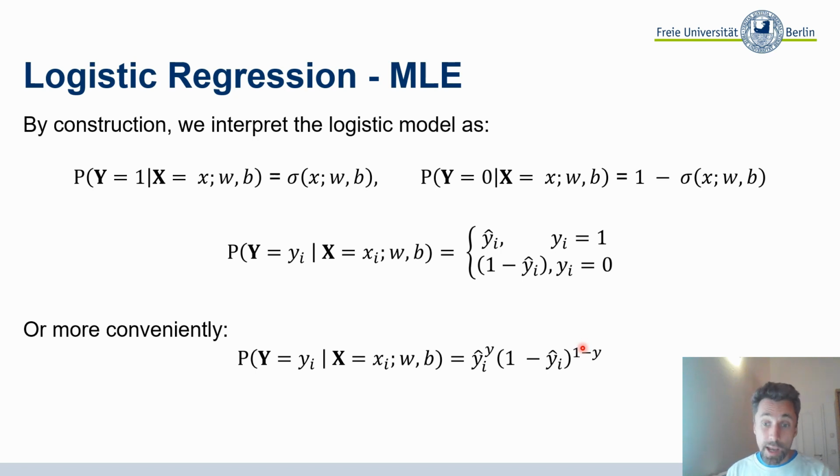Remember, y is either 0 or 1, so if it's 0, we disregard our y hat and take 1 minus y hat, and if it's 1, we disregard the opposite case.